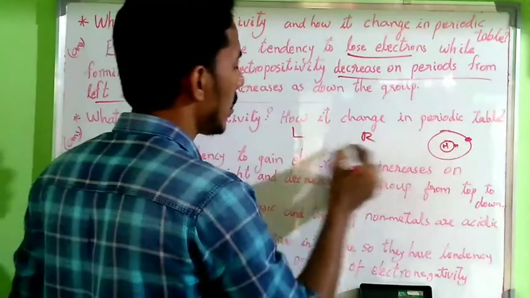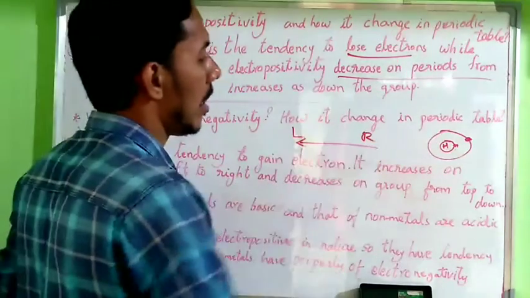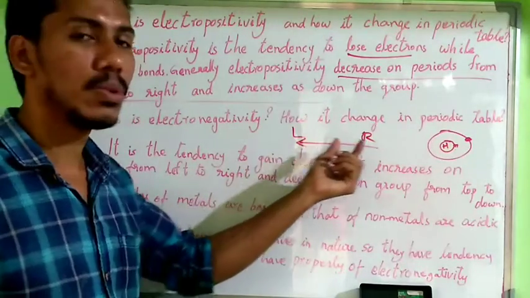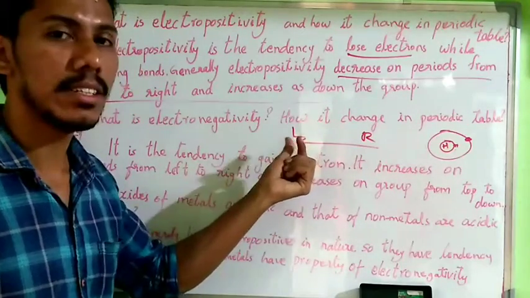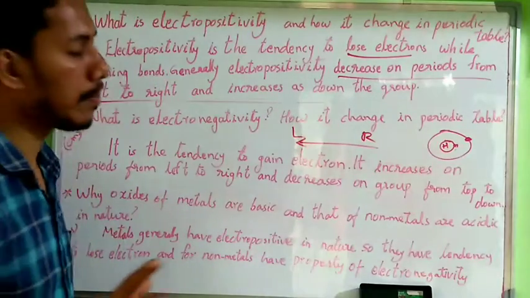From left to right, it decreases. The atoms on the right side have less tendency to lose electrons, and the left side has much more tendency to lose electrons. What is the reason?